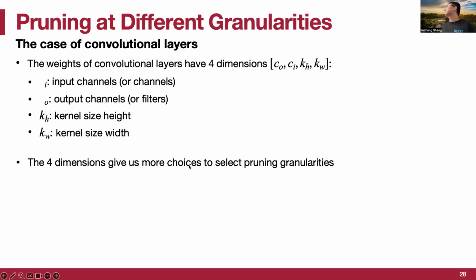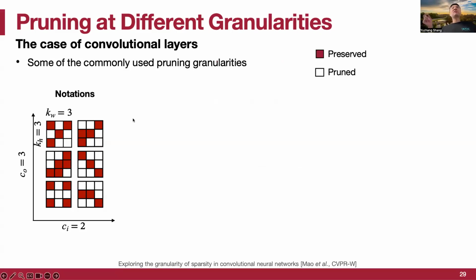Considering pruning in CNNs, because we have more dimensions, it gives us more choices for the pruning granularity. For example, the most extremely fine-grained pruning is this format, right? We have several kernels, each basically a three by three kernel.